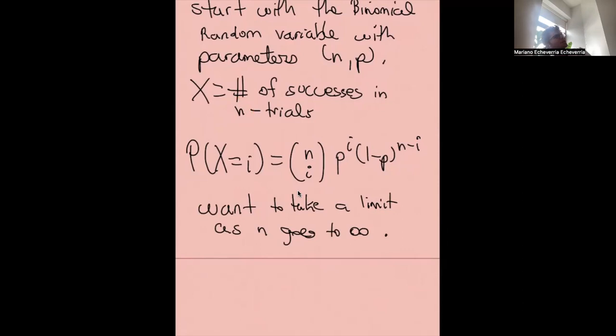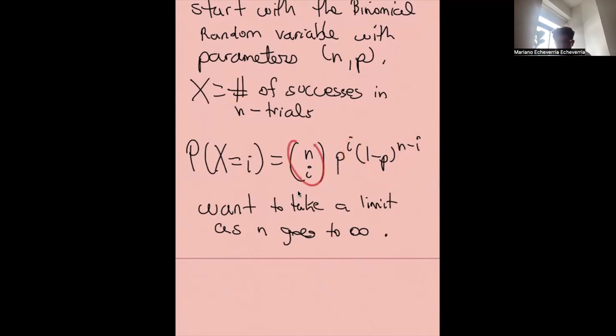The problem with just doing that is that you won't get a very interesting limit on its own. It's a bit ill-defined, because what would happen as n goes to infinity here? This is a number between 0 and 1, right? If you multiply a number between 0 and 1 with itself many times, it should go to 0. So this kind of looks like a 0.